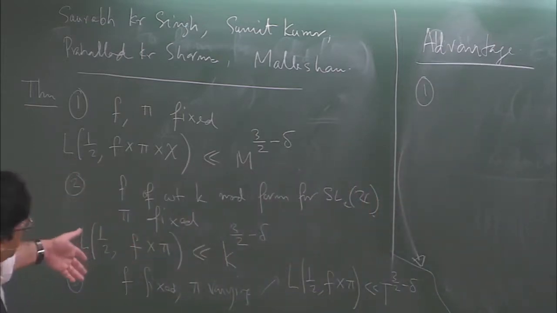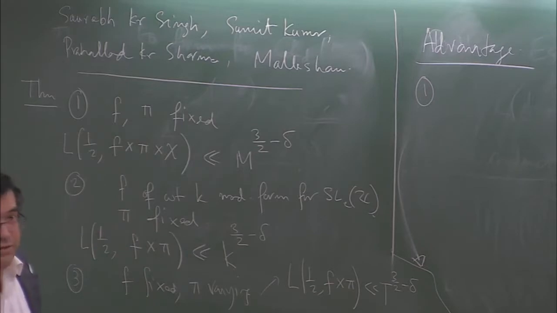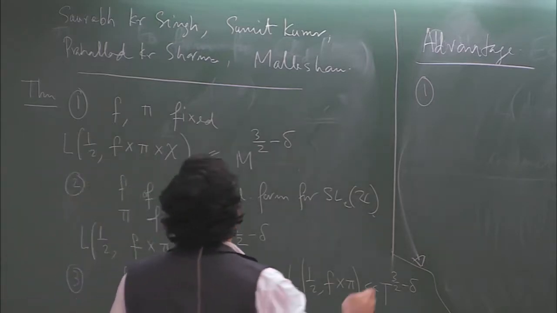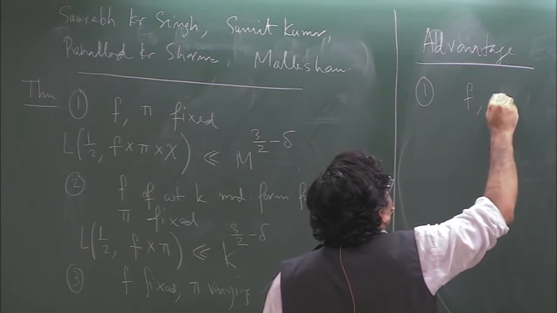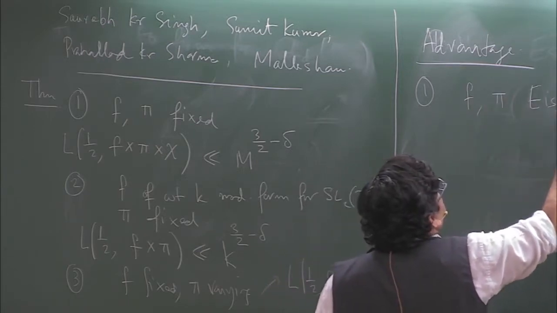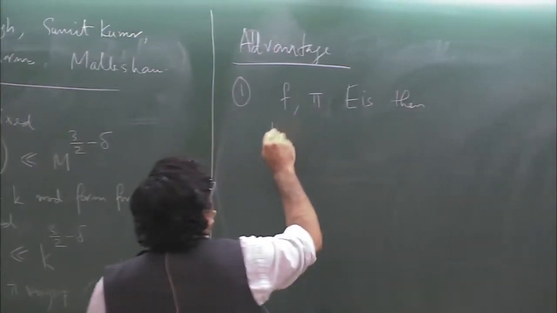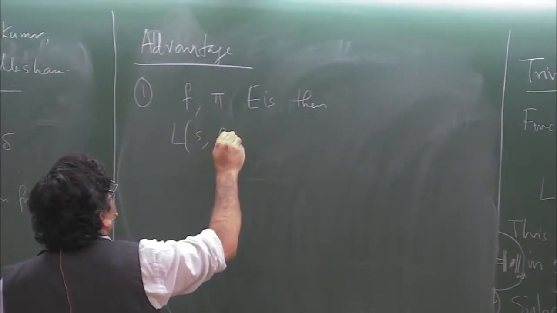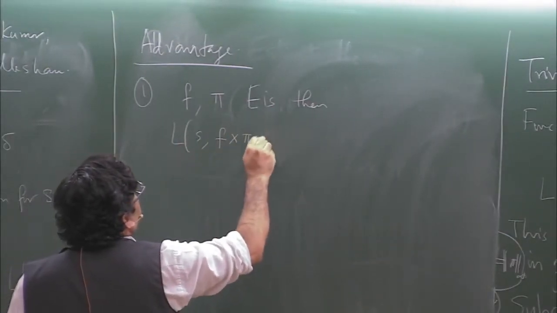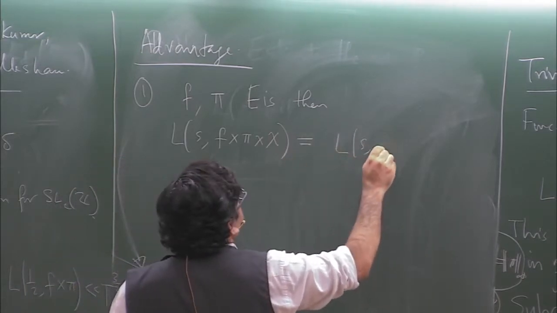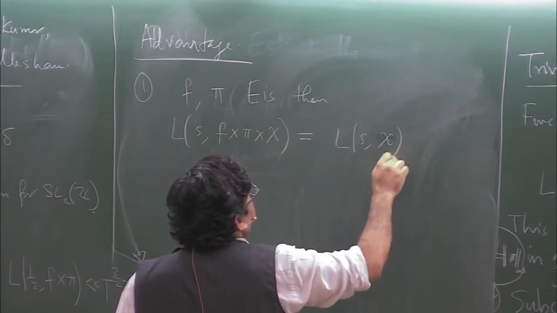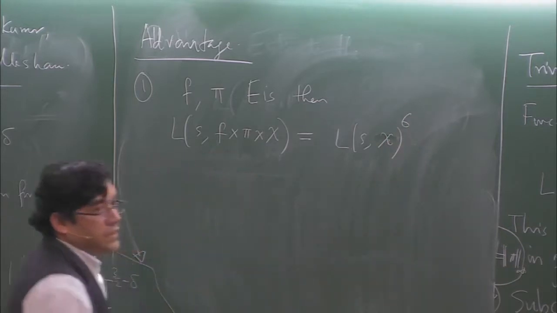The method really works even if you pick one of them to be an Eisenstein series. So for example, if you pick both of them Eisenstein series, then L(s, F cross pi cross chi) is basically L(s, chi) to the power 6.